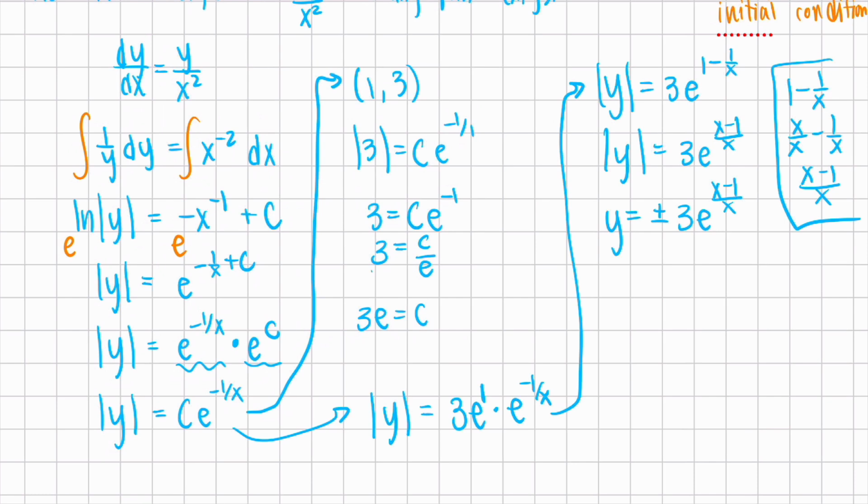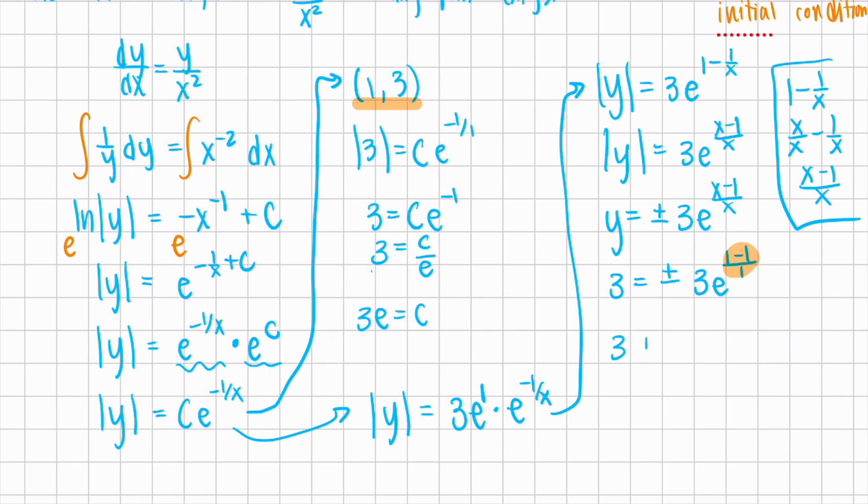And just like both of the other problems, we want to decide if we want the positive or the negative. And just like the other problems, we're going to use our initial condition. So I want 3 to equal plus or minus 3e to the 1 minus 1 over 1. Our exponent simplifies to 0. E to the 0 is just 1.